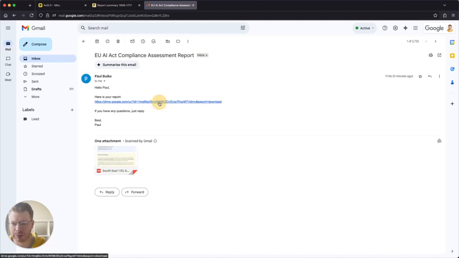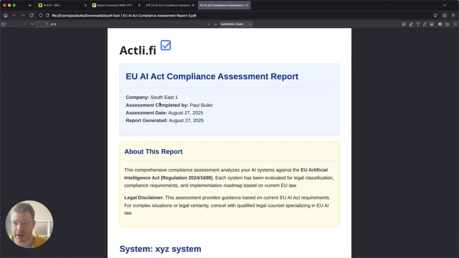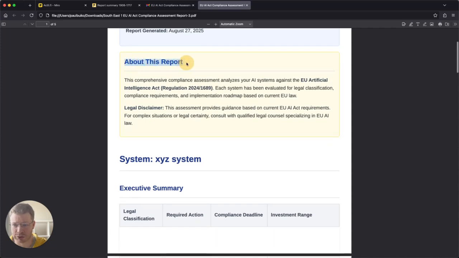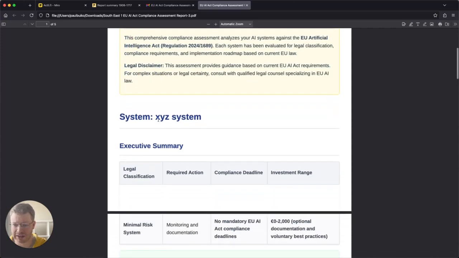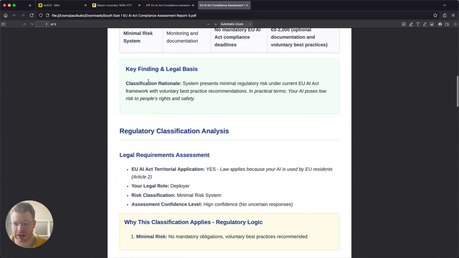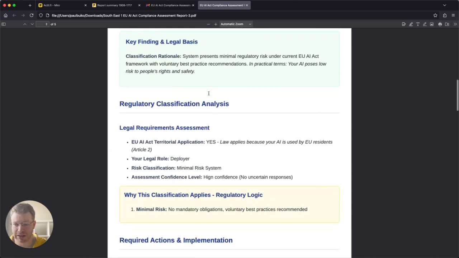So now let's open this report. And here's the report. Here's just short information about this report, also some additional information, some legal text here. And here's our system. Here's the executive summary, key findings, legal basis.